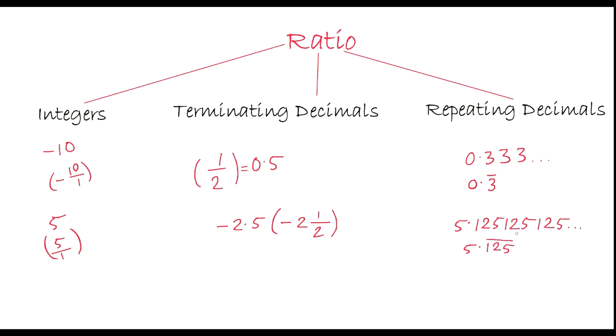So this is a repeating decimal number. So all the repeating decimal numbers are included in rational numbers. Terminating decimal numbers are also included in rational numbers. Integers are also included in rational numbers because those can be written as a ratio or fraction. Thank you.